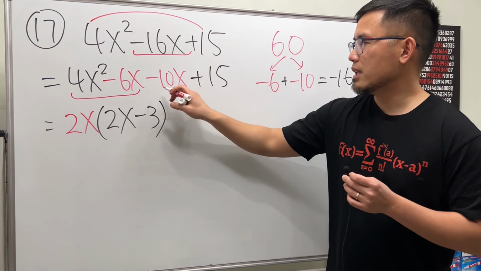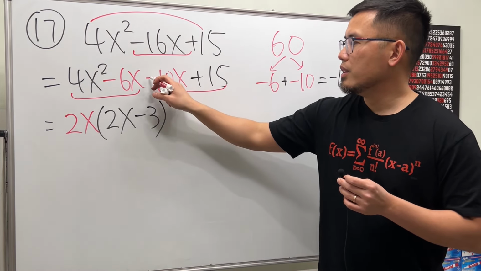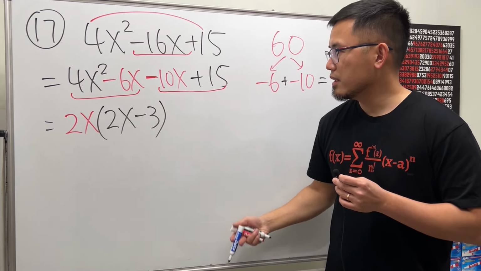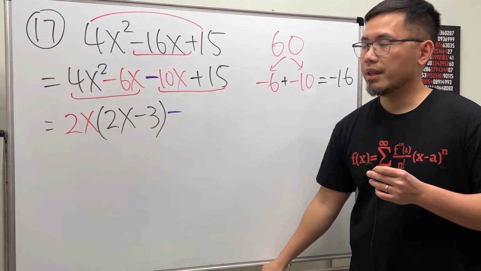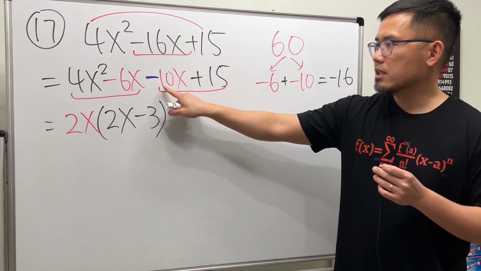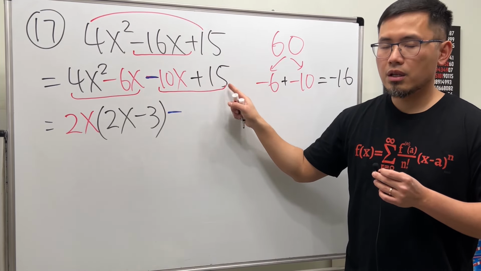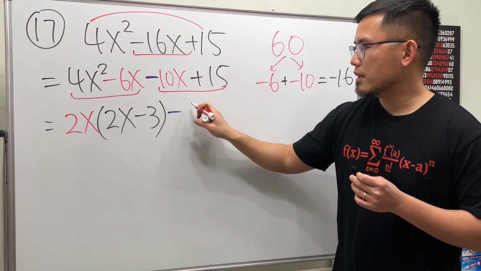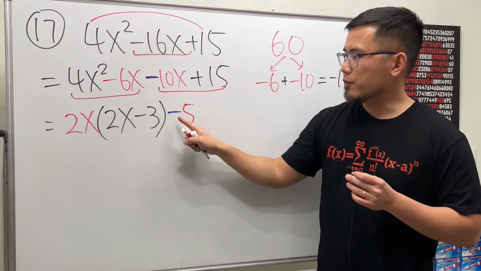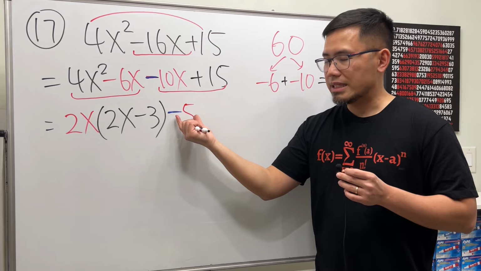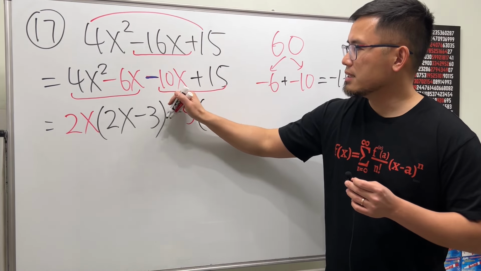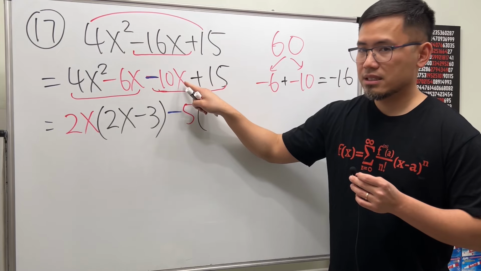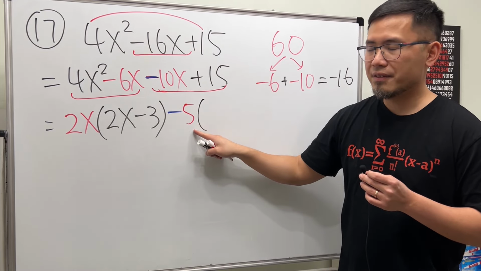Now be careful with the last two terms right here. Notice this right here is a negative, so you really have to write down the negative right here. And then focus on the 10 and 15. We can factor out a 5. But because we put down a negative here, it's like we are factoring out a negative 5. So we have to look at this as negative 10x divided by negative 5.